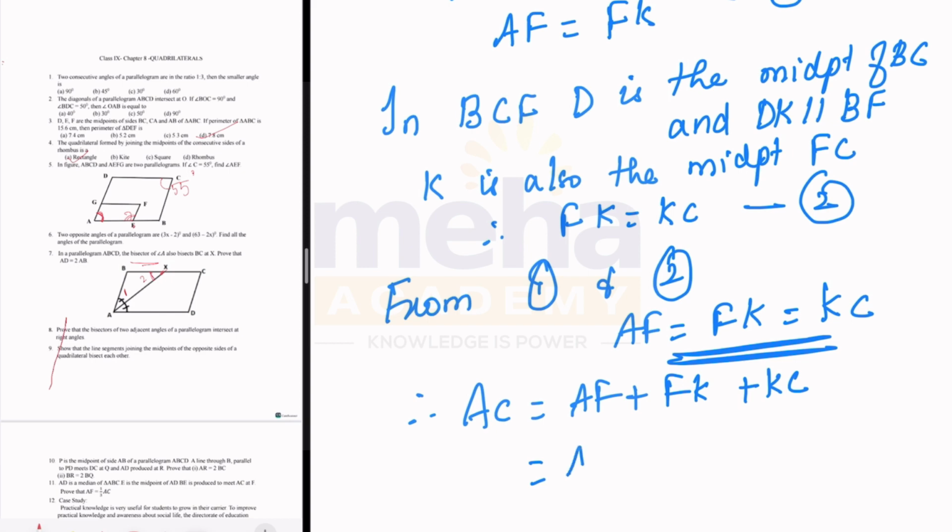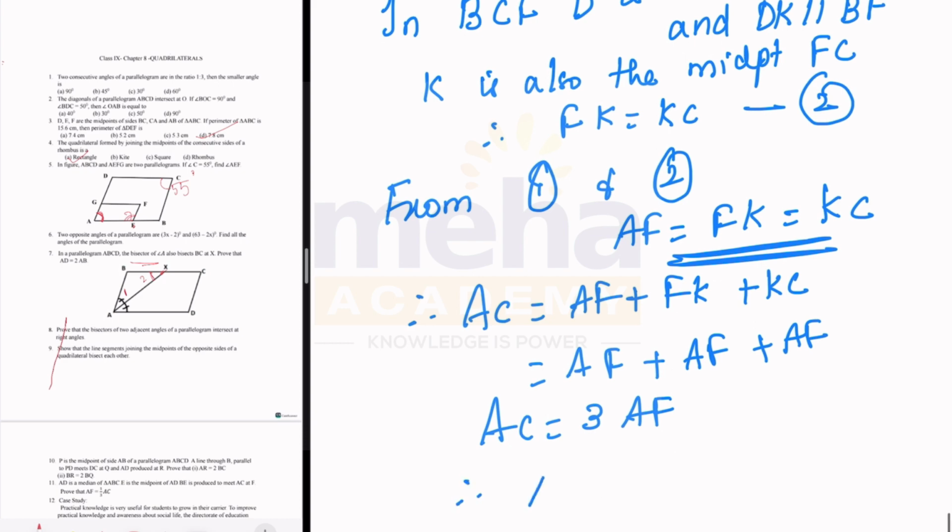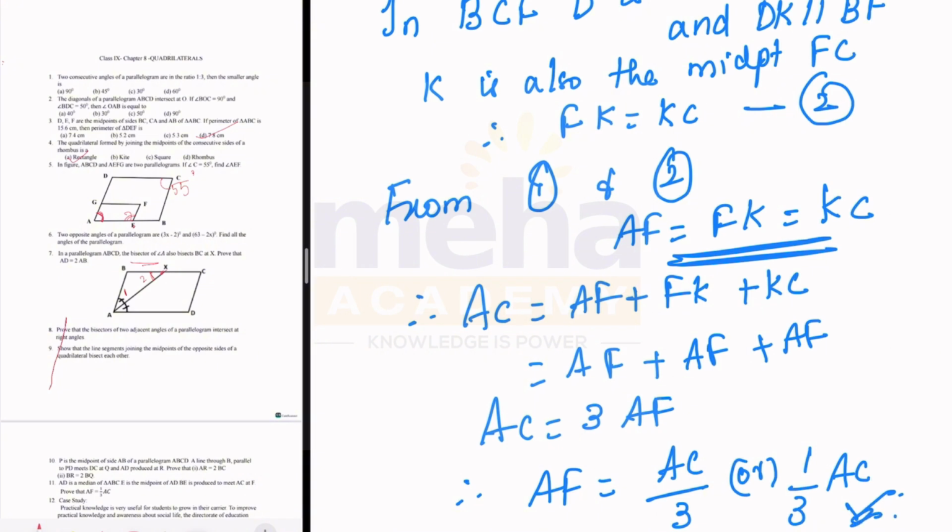So AF plus AF plus AF, because we know FK and KC are equal to AF. So AC is equal to 3 AF. I can say, therefore, AF will be equal to, I can bring the 3 to the other side, AC over 3 or 1 by 3 AC, hence proved.